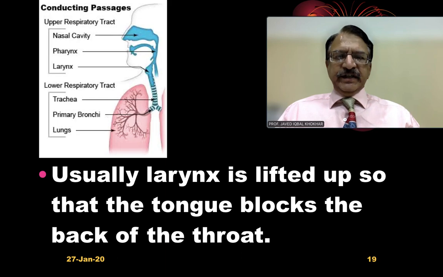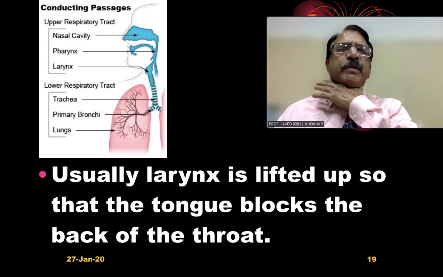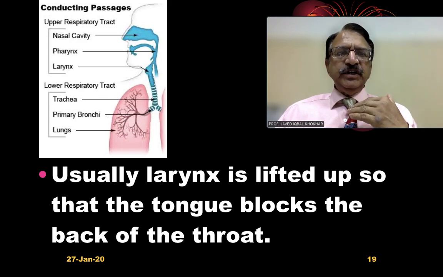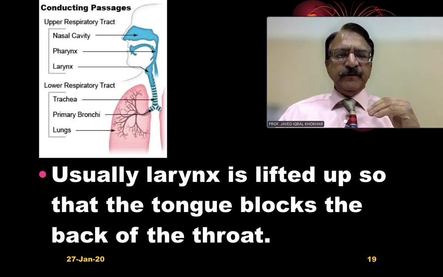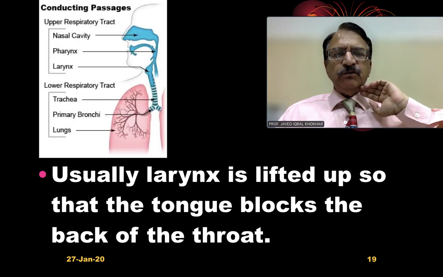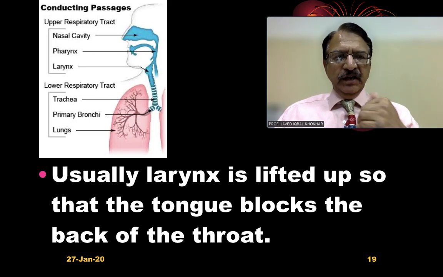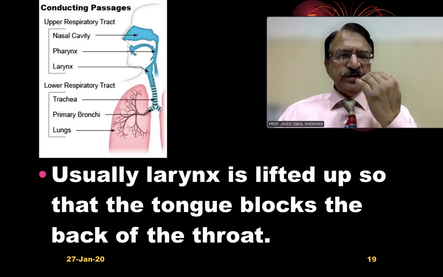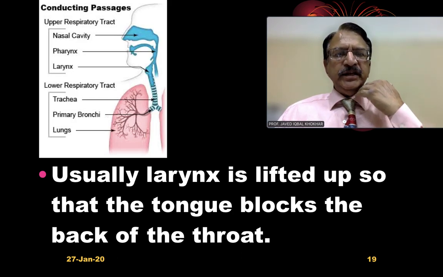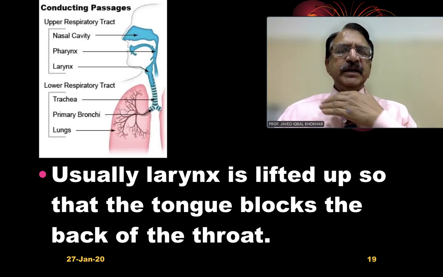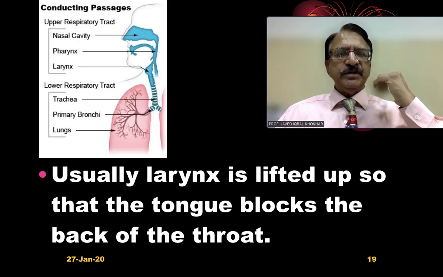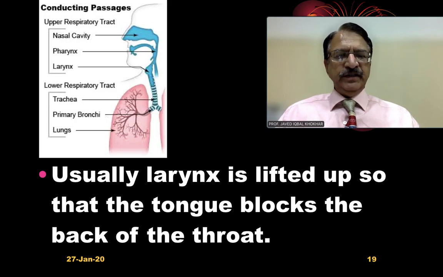Usually the larynx is lifted up and back, so it forces the tongue backward and upward against the posterior pharyngeal wall. So the inflow of air from the nose and mouth going into the trachea in the hypopharynx is occluded. So the larynx is lifted up, it pushes the base of the tongue against the posterior pharyngeal wall, and that occludes the inflow of air.